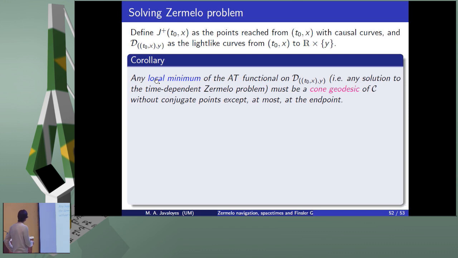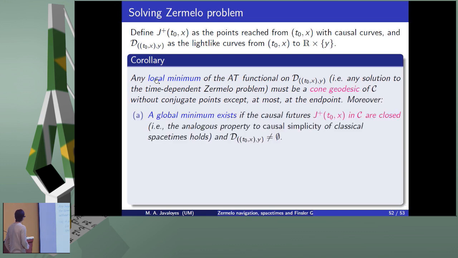So this is the region that you can reach, and if you have a solution that minimizes the time, it has to be a cone geodesic, and if this region is closed, then you can prove that there exists a solution. So the condition for the existence of a solution of the Zermelo problem in the time-dependent case is that this region, the causal future, has to be closed.